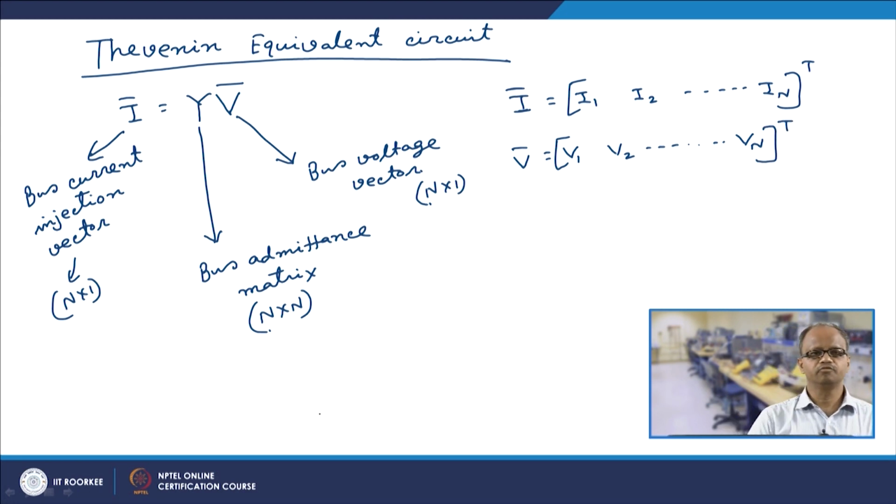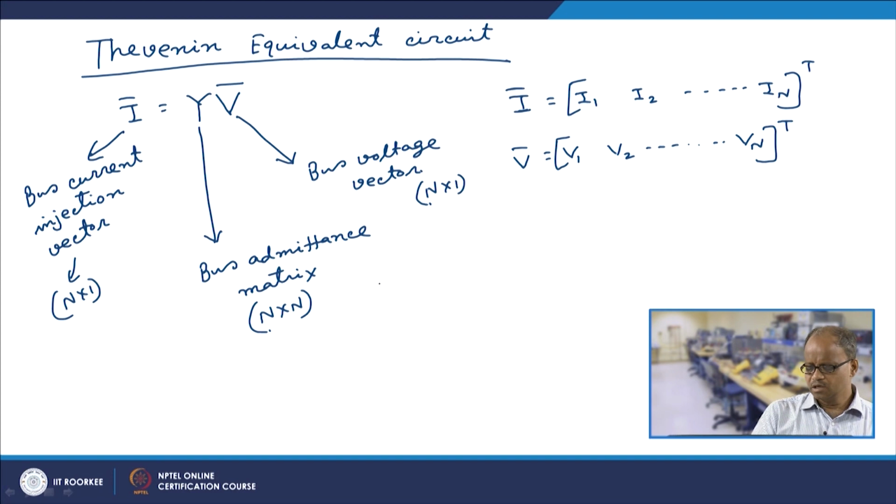All these currents and voltages are complex quantities, but as an abuse of notation we are not putting any overbar over them, because we have already used the overbar to denote vectors anyway.